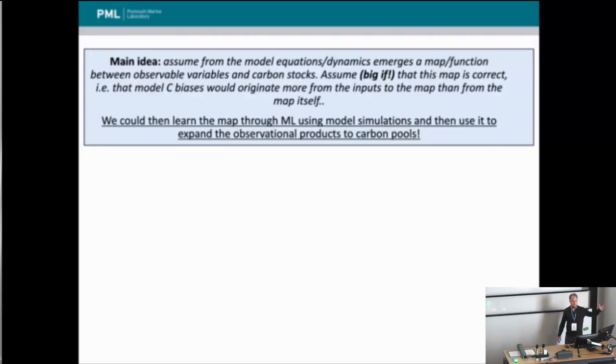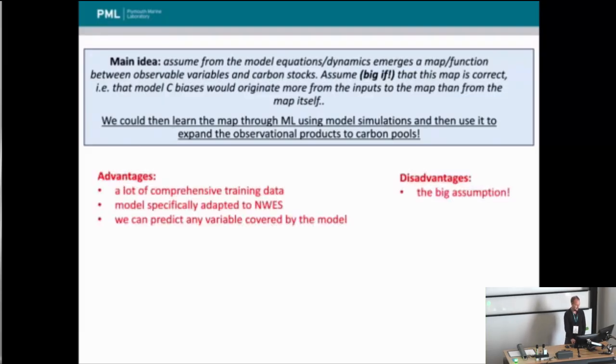We will trust this map that the model provides between observable quantities, and I will explain what they are, and carbon pools. We can then use the model simulations to train a machine learning model to learn this map, and then derive from the observations these carbon pools that are modeled by the model.